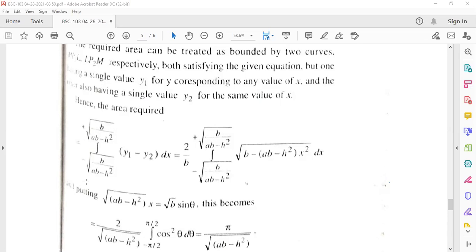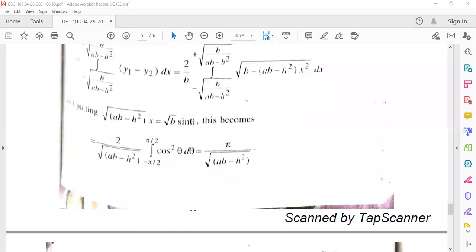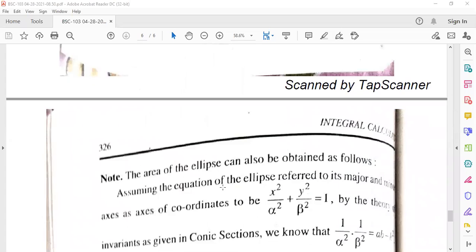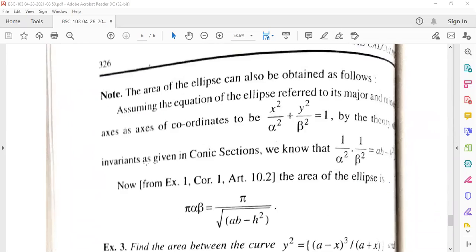These are the limits of the integration, right? So after putting this, we are getting the value of this. You can understand it because it is nothing but something. So lastly it will be coming as an answer.